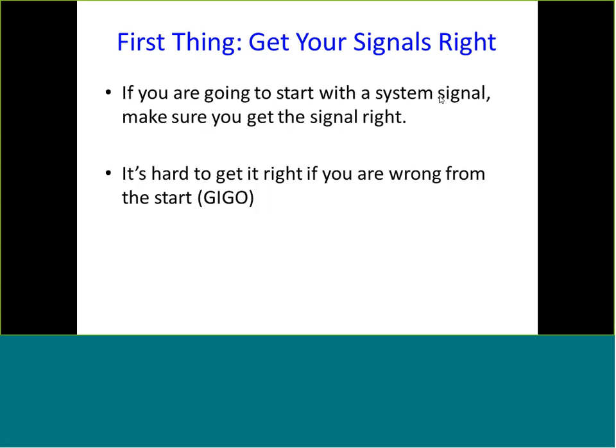If you call something a signal and it's not, you're starting off on the wrong foot right from the beginning. So it's impossible to get it right, really. And so basically, we use the expression GIGO, which means garbage in, garbage out. Unless you have the right premise, you can't come to the right conclusions.